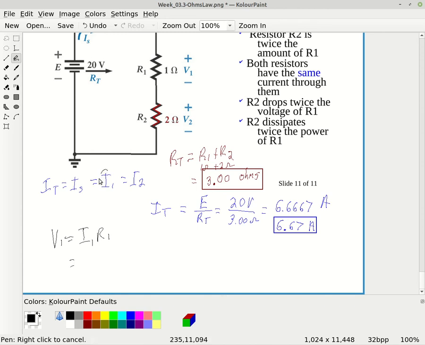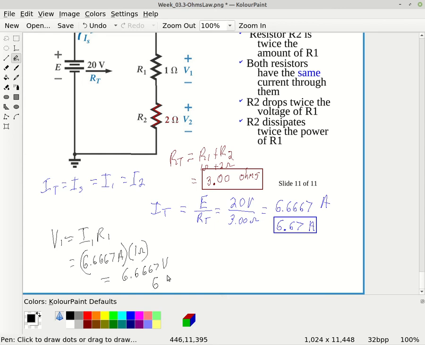So now we have I1 is the same as IT because it's in series. That's true. And so we have I1, which is going to be 6.6667 amperes times R1, which is simply 1 ohm, and therefore it's going to be 6.6667 volts.